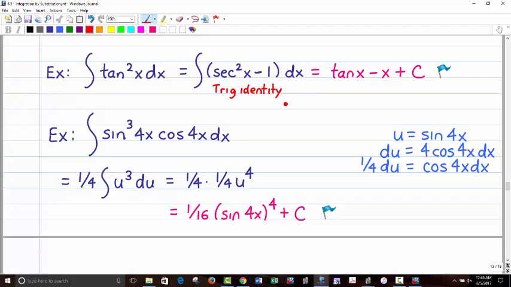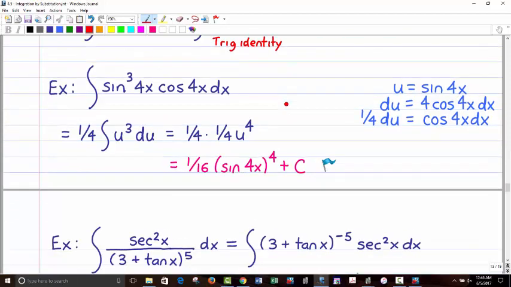All right, so now this one's a little bit different. We did one with a power of sine and cosine, but that 4x is going to make a slight but important difference, especially if you're trying to get the right answer. It's very important that we realize we're going to have a chain rule issue here in our derivative, a minor chain rule issue, but an important one.